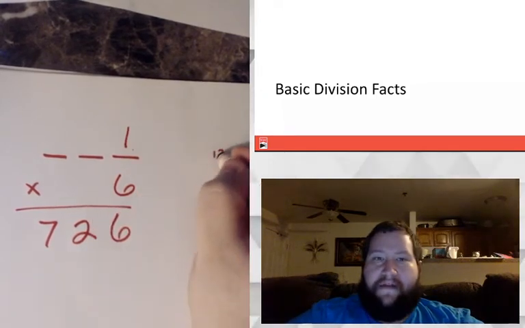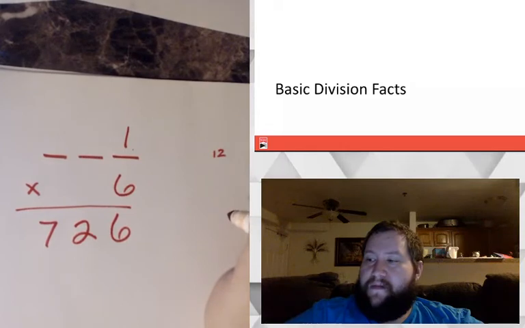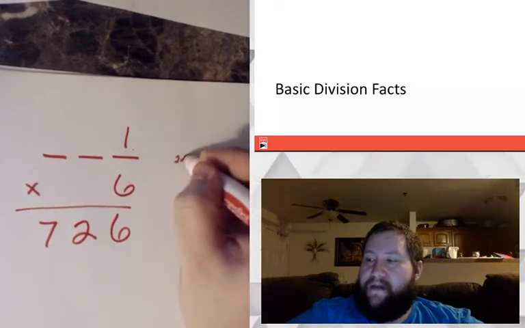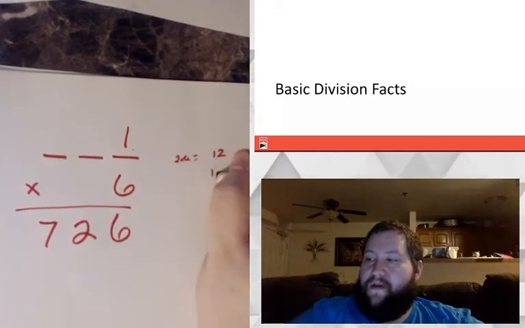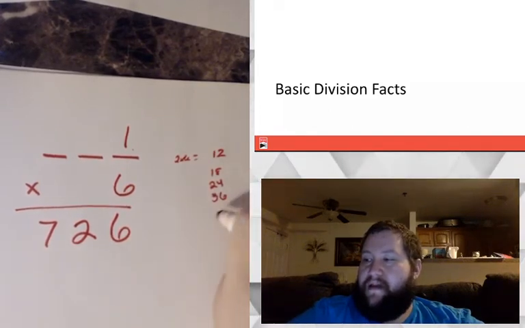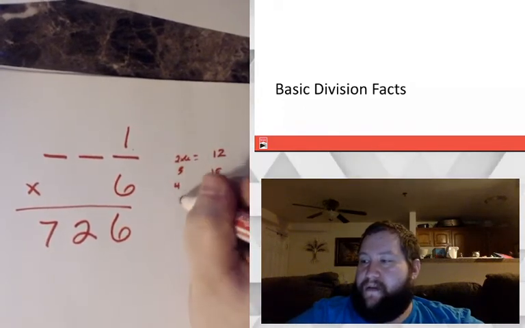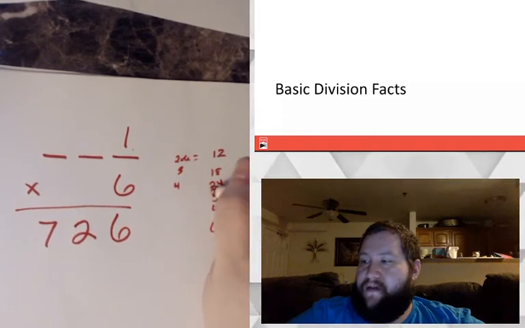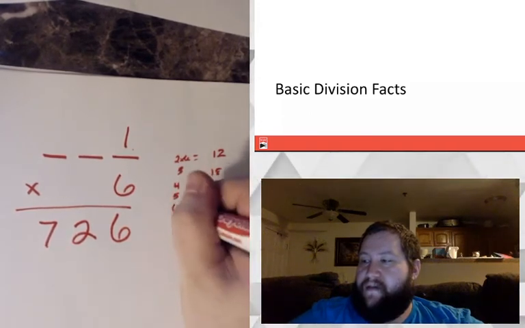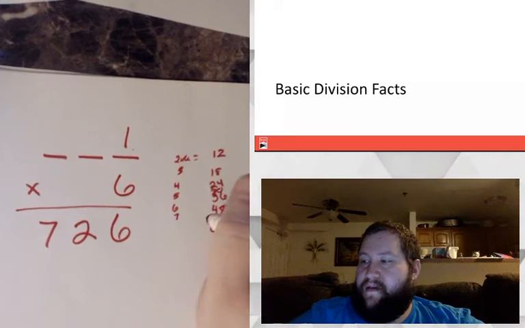And then do we get another time where that happens? So 2 times 6 is 12, 18, 24, 36, 48, 60. I missed one. So that's 2 sixes.